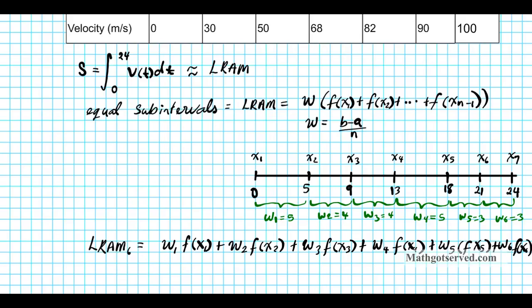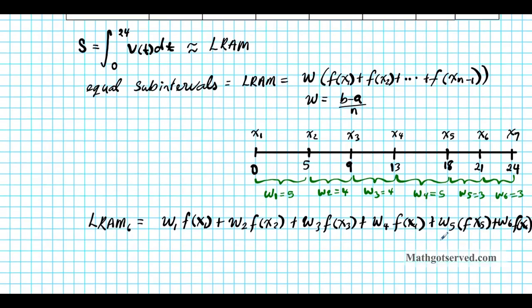This is how it looks with the left-hand rectangular approximation. If we're doing right-hand rectangular approximation, we just start with x2, 3, 4, 5, 6, 7. That's the difference.